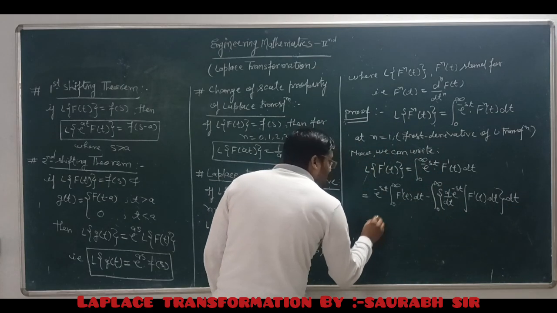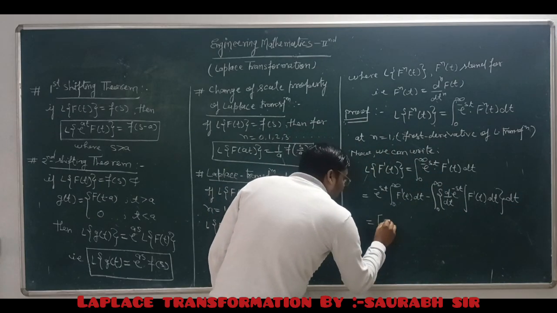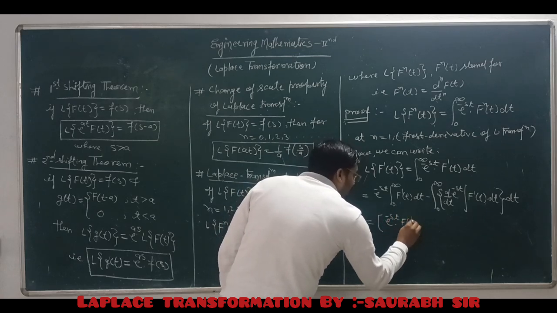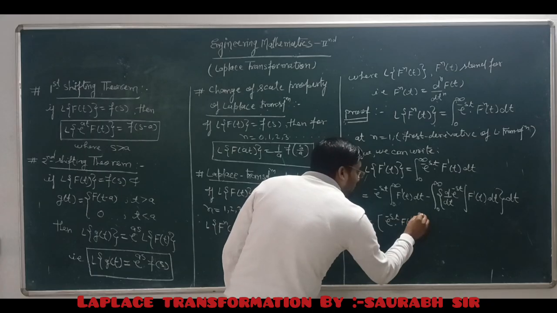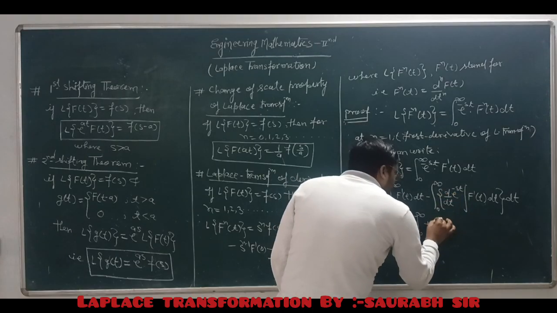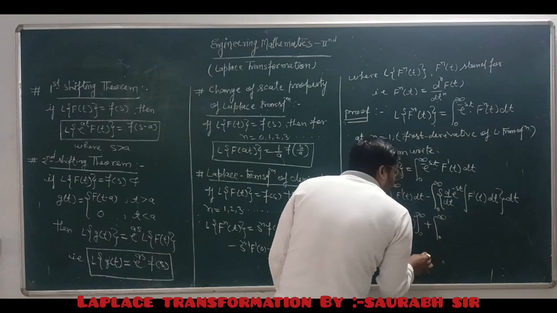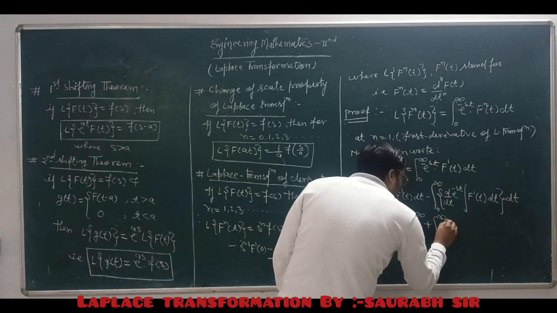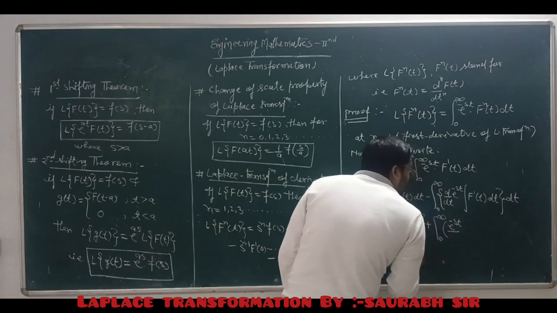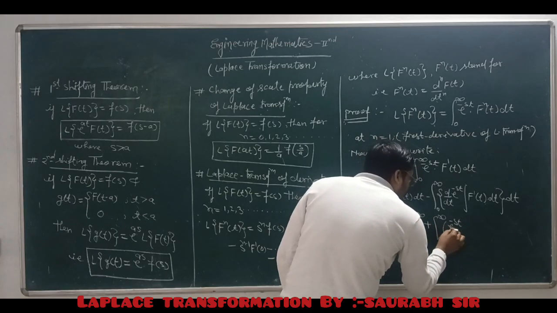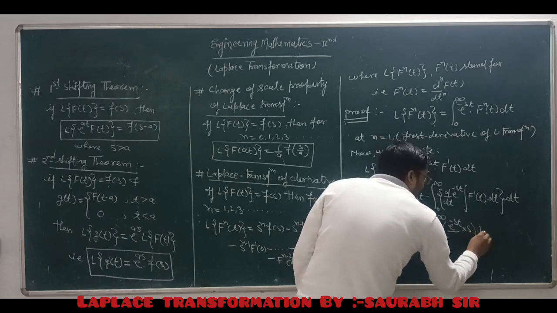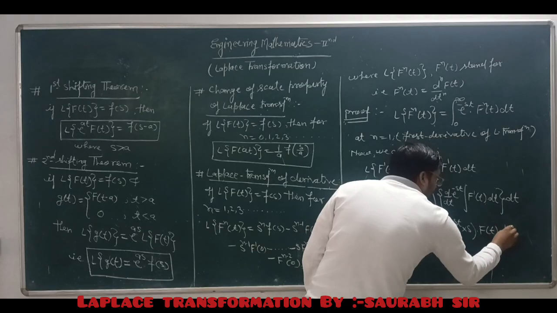Now solve this: e^(-st) f(t), bracket close, limit 0 to infinity. Now this minus minus plus integral from 0 to infinity of bracket e^(-st) into s into f(t) dt.